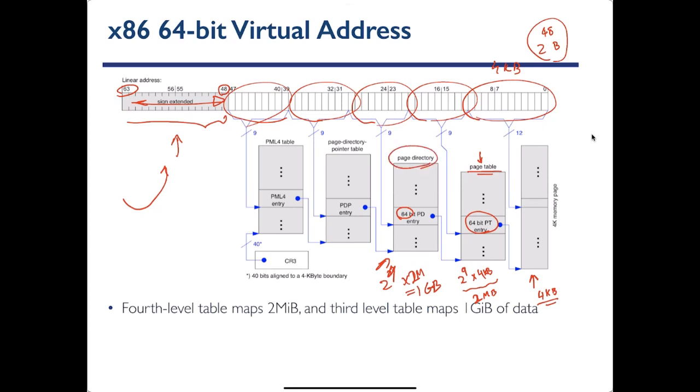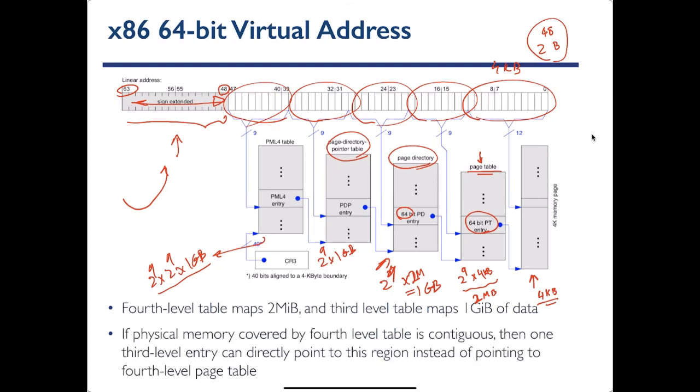So page table level 2 is going to cover 1 gigabyte of data. And as you can see, moving forward, the next one is going to cover 2 to the 9 times 1 gigabyte of data. And then the last one is going to be 2 to the 9 times 2 to the 9 times 1 gigabyte. So the coverage is growing this way. I'm going to stop here.